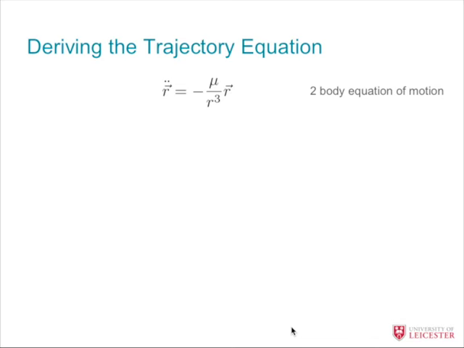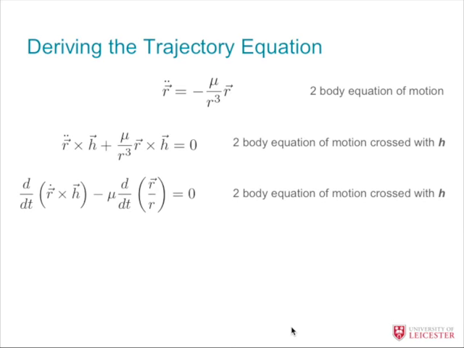So we started with the two-body equation of motion. We crossed it with the specific angular momentum, and we end up with this new expression for the two-body equation of motion crossed with h. Both of the terms are differentials with respect to time.